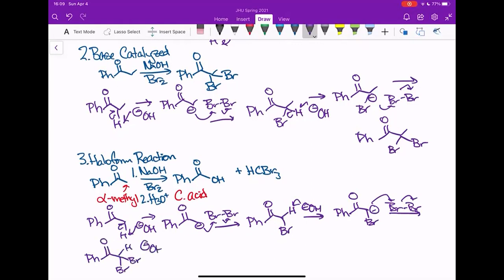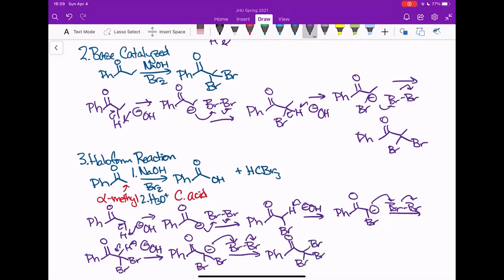Then one more time with that third hydrogen. Okay, so once you have deprotonated all of the available hydrogens on that alpha position, you'll get to this point.